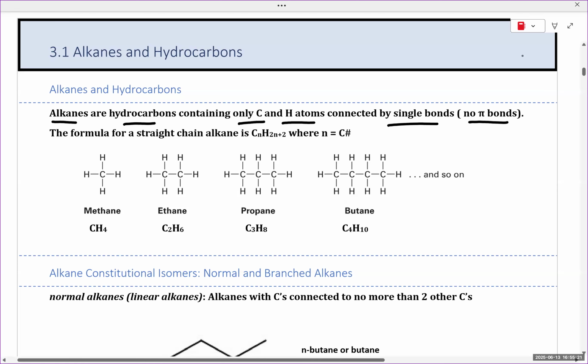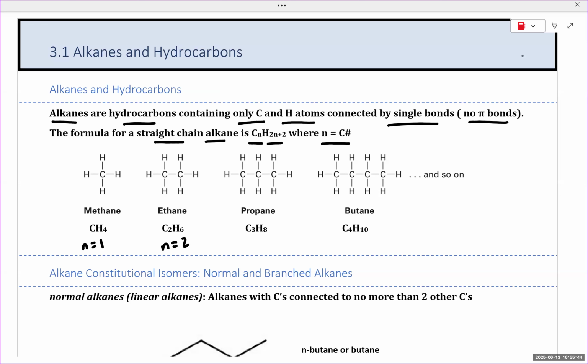In other words, they don't contain double or triple bonds. The formula for a straight chain alkane is CnH2n+2, where n is the number of carbons. So for example, methane is CH4, where n is equal to 1. Ethane is C2H6.